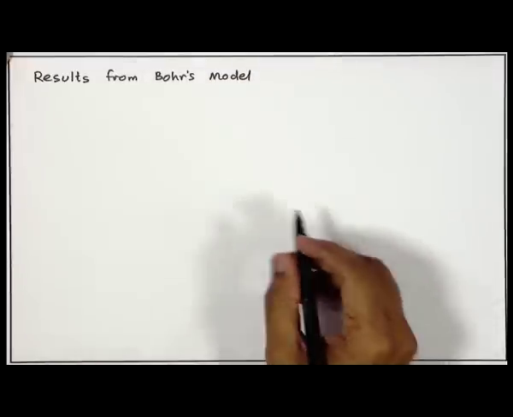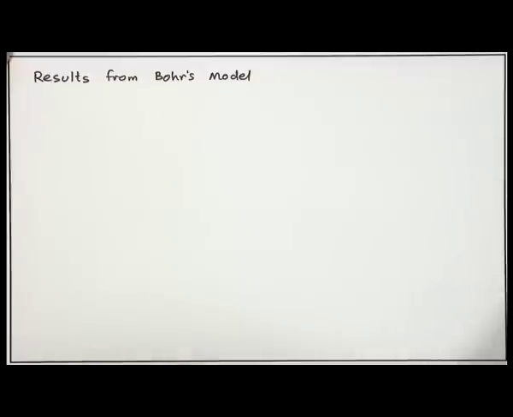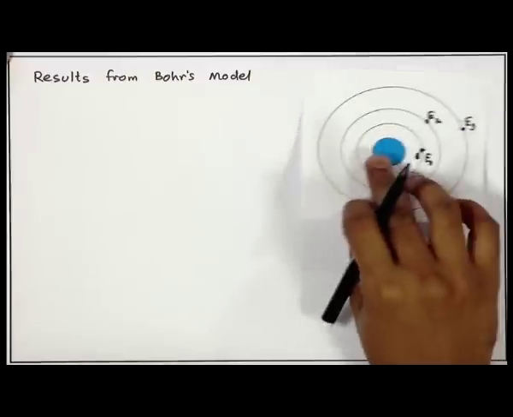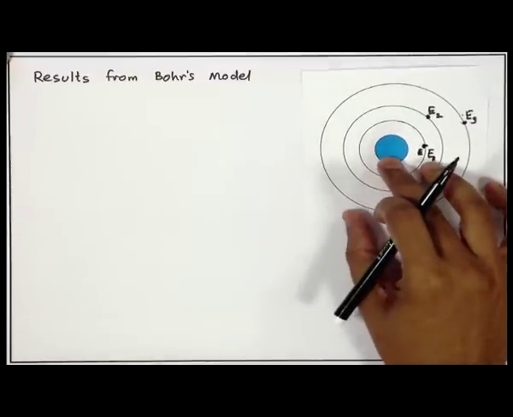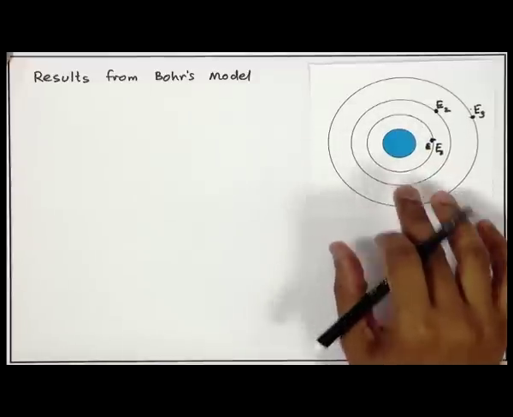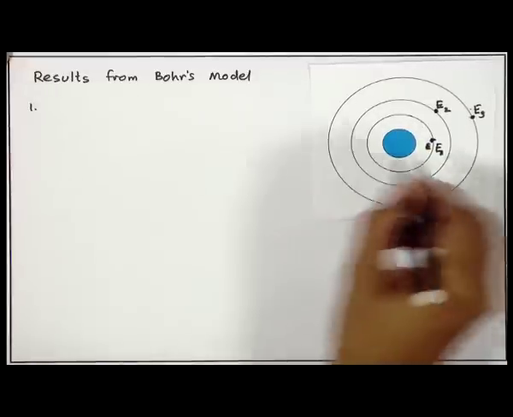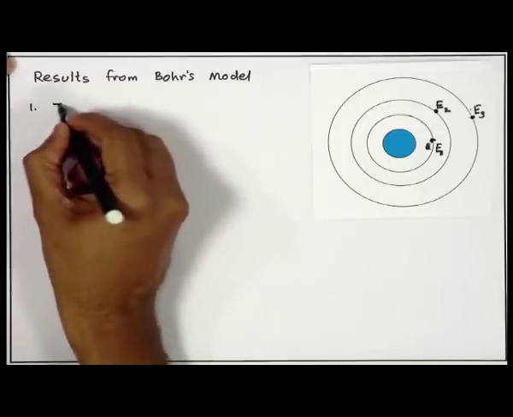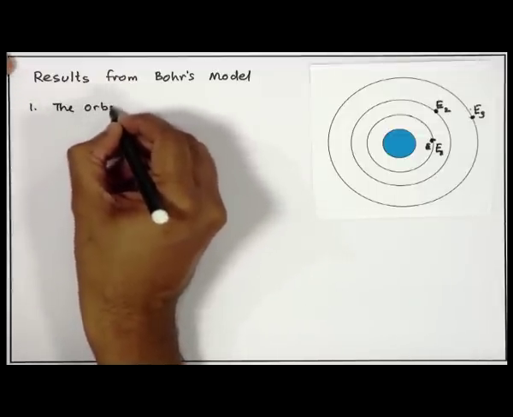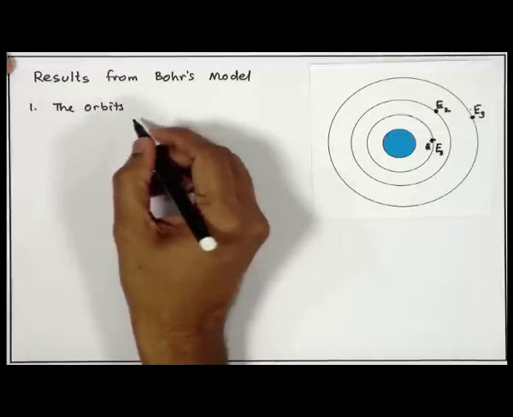The first key factor is that Niels Bohr assumed this picture of the atomic model: there are several orbits. These are some ground rules.